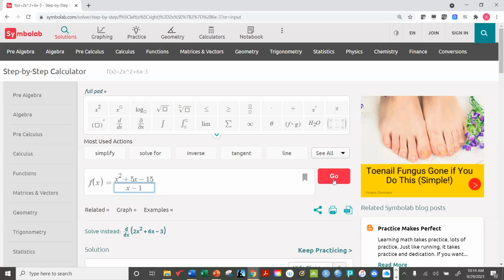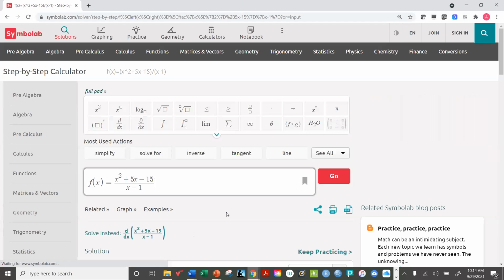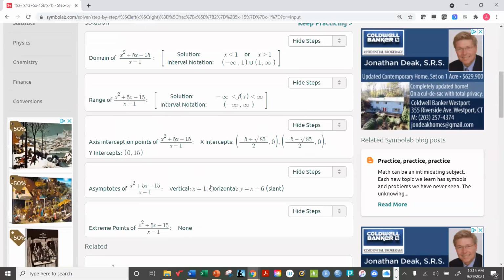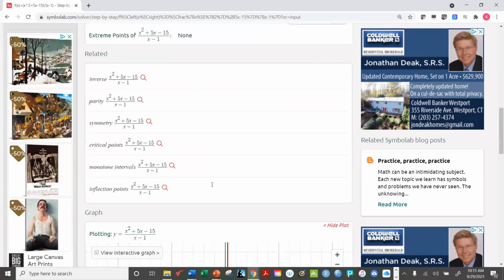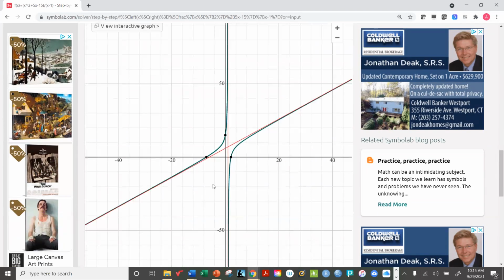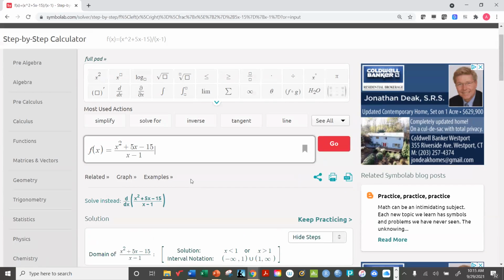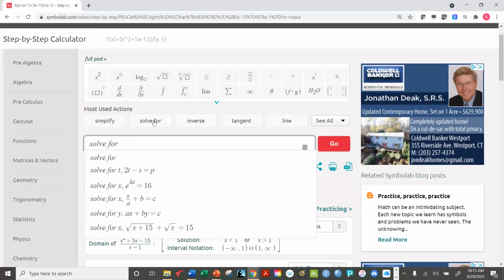All right, so I'm just going to say go. And let's see what it does. Well, that's what it looks like, but I'm not so sure if it's capable of solving this. Well, all right, let's try this button, solve for. Oh, no, now I have to do it all over again. I guess that's what I was supposed to do in the first place.